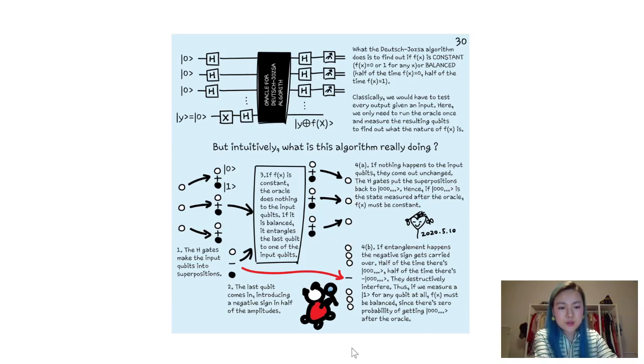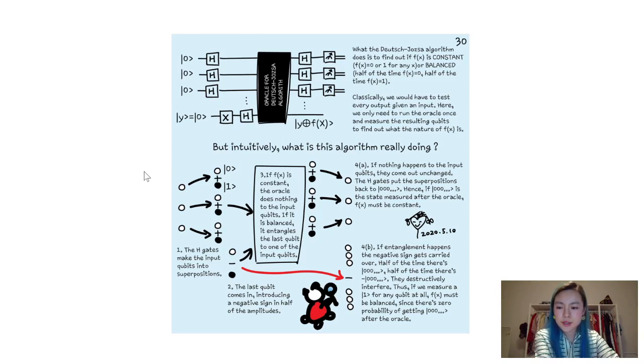But if you measure any of those qubits being 1, even just one, you would know that your function is balanced. I know this is usually quite confusing when people first see it.